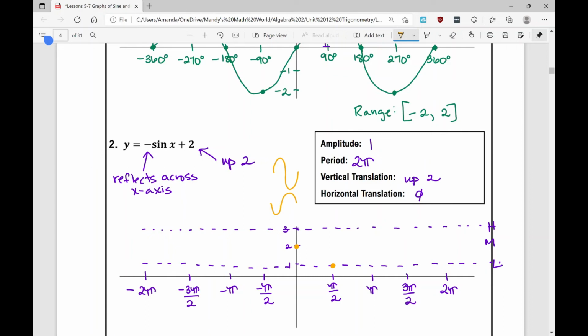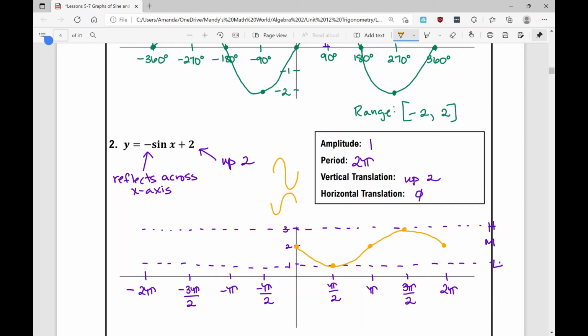So now at pi, we're back at the midline. At 3 pi over 2, now we're up to the high line. At 2 pi, which completes one cycle, or one period also, we're back to the midline. So it's going to look just like this. And it's really all about how you label your graphs. Everybody's graph might look a little different because some kids write really small and some want bigger graphs.